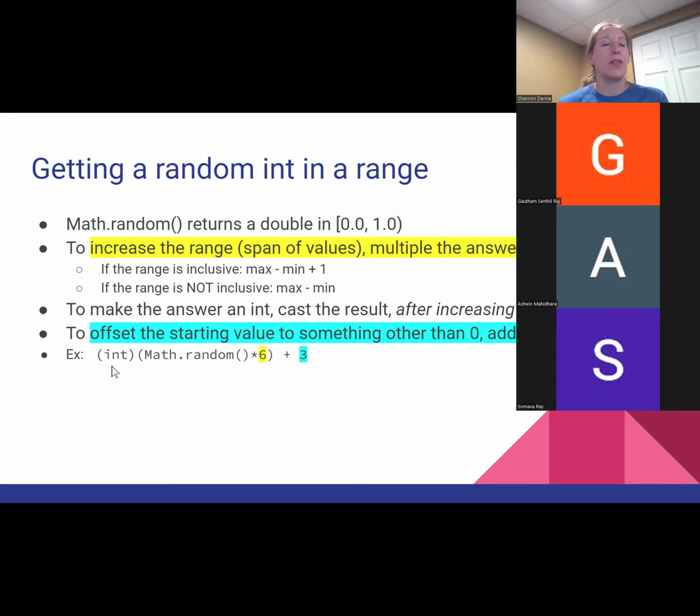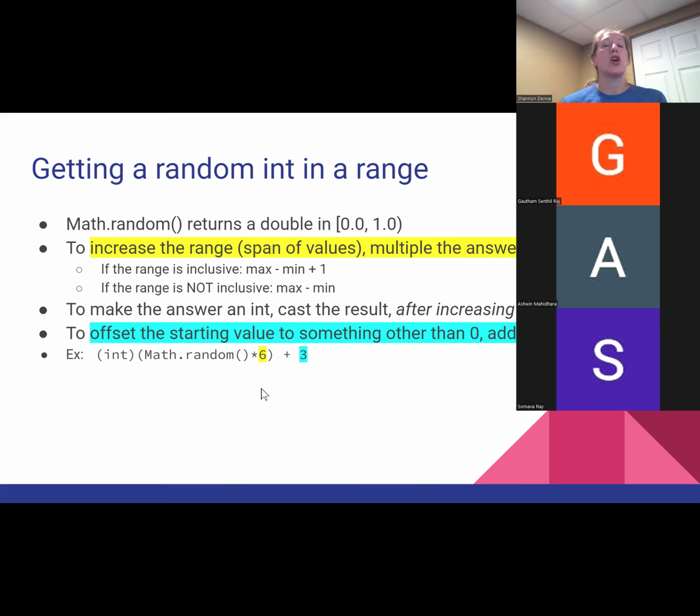So what I was saying over here with the typecasting, remember the casting takes precedence over anything else. If I were to cast this math.random before I multiplied it, then it would take this random number that goes from 0 to like 0.9999, and turn it into an int, which is just 0, and then it would multiply it by 6, which is still just 0, and then add 3.